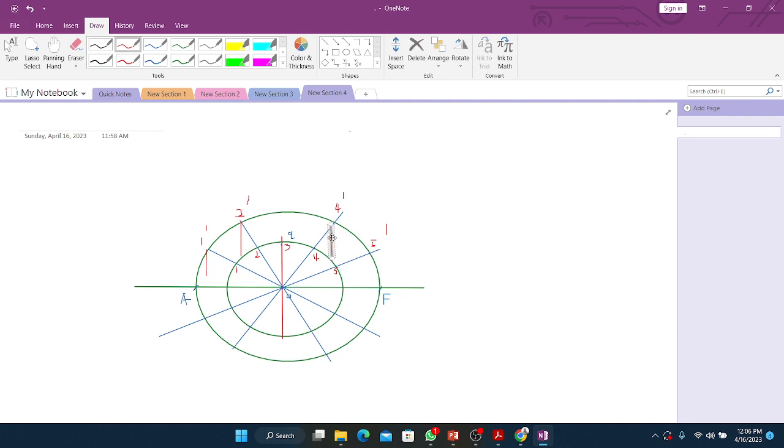Okay, then 5 dash, through this 5 dash point, you want to draw a vertical line.